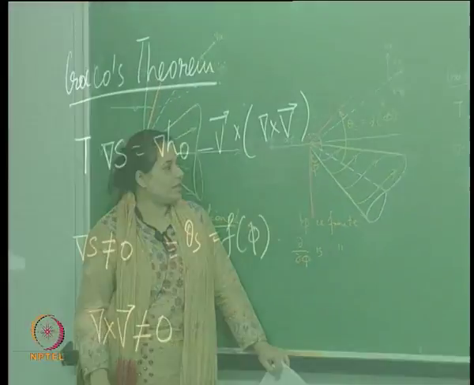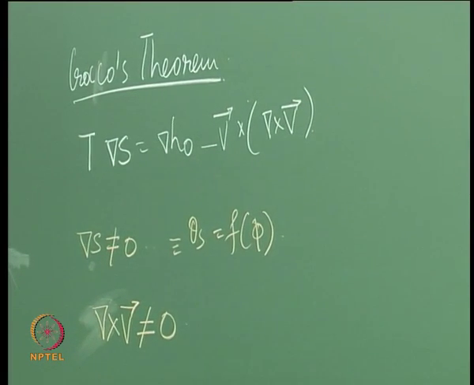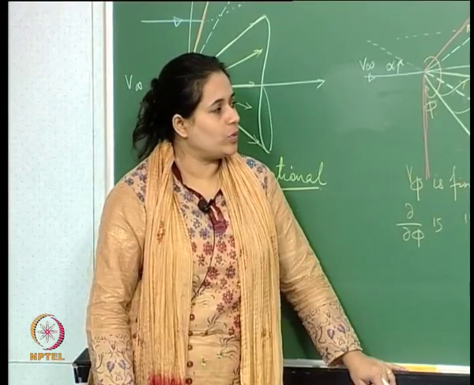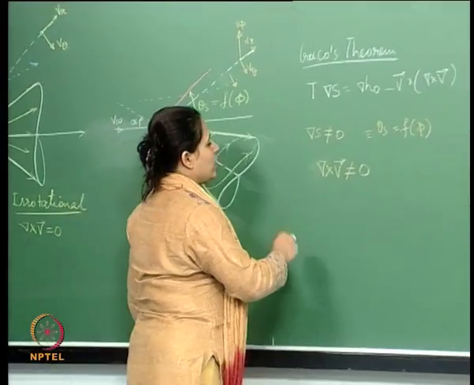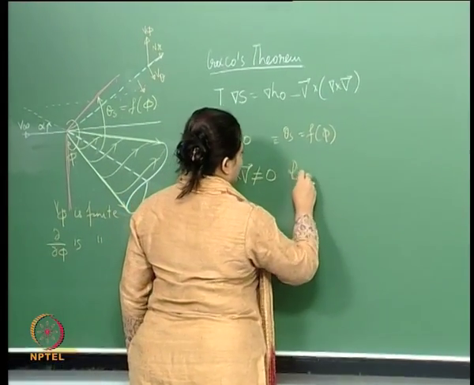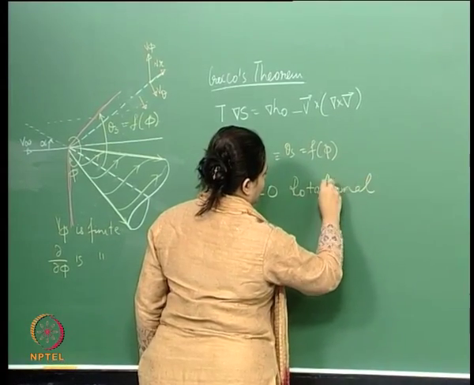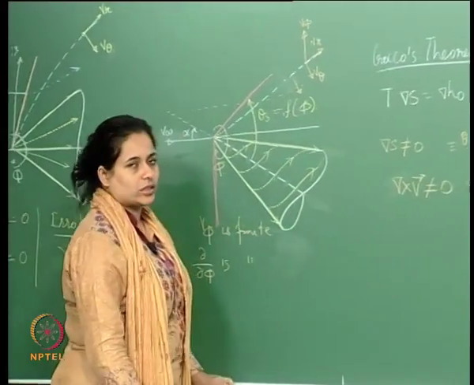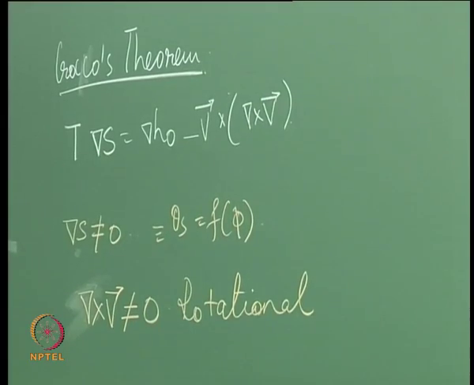So, here this is not equal to 0, it is finite, and therefore we do have entropy in this particular case. It is rotational and not irrotational, unlike in the previous case.